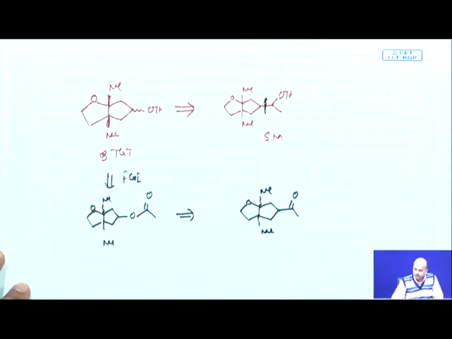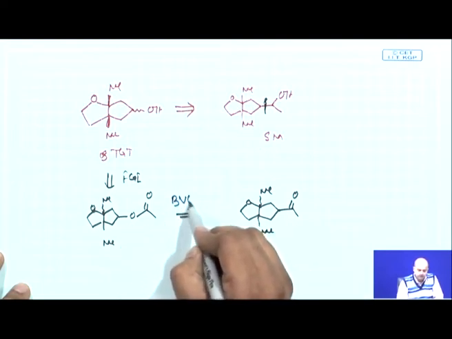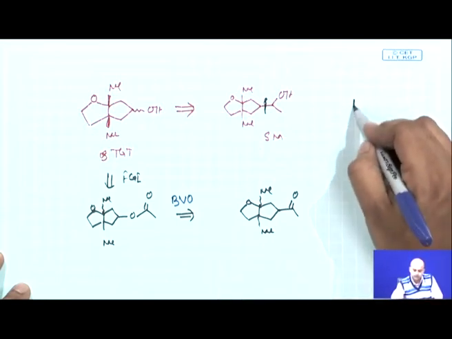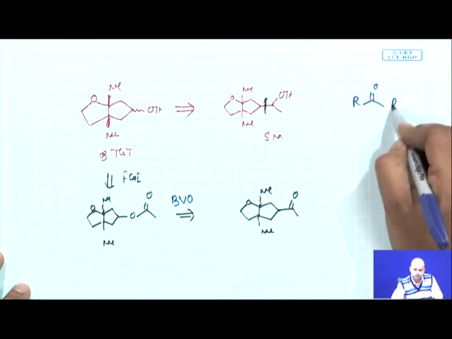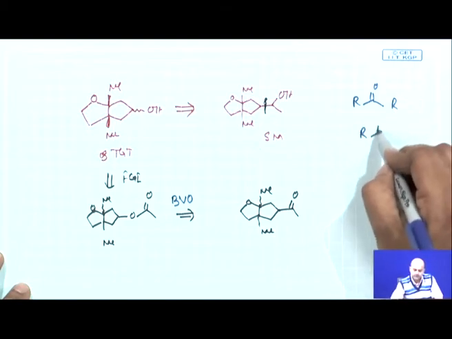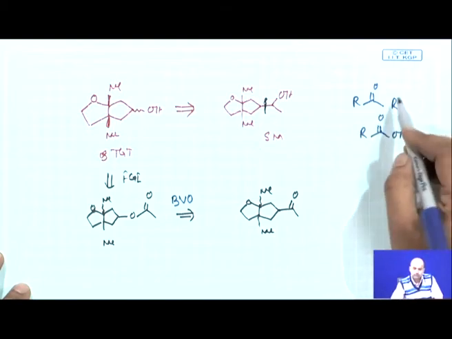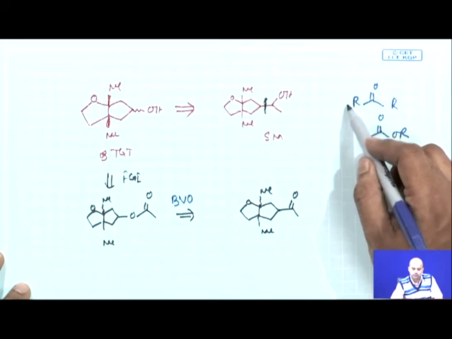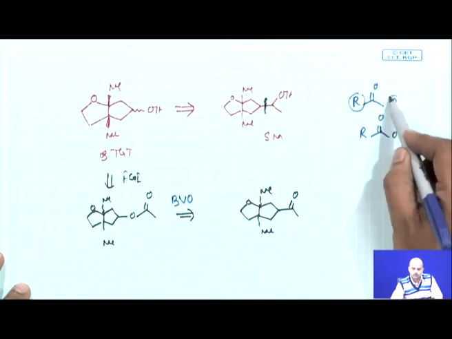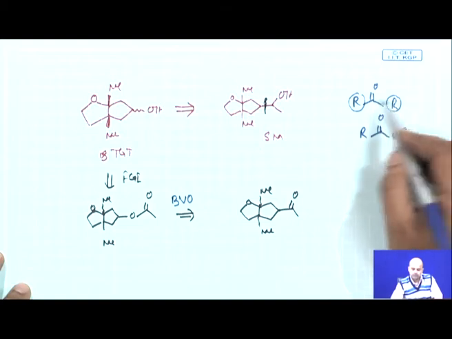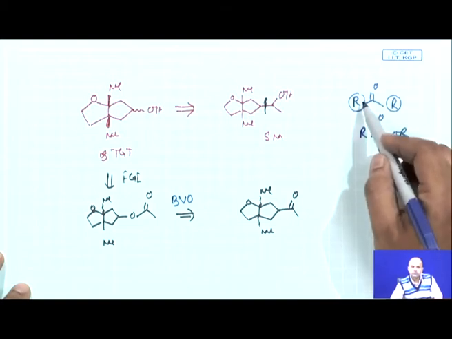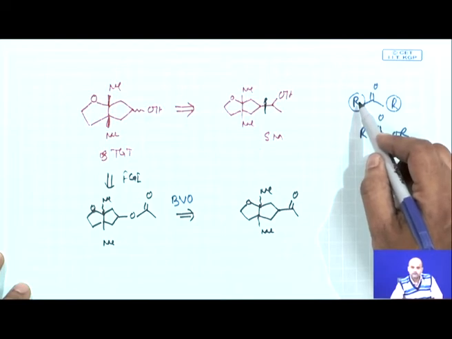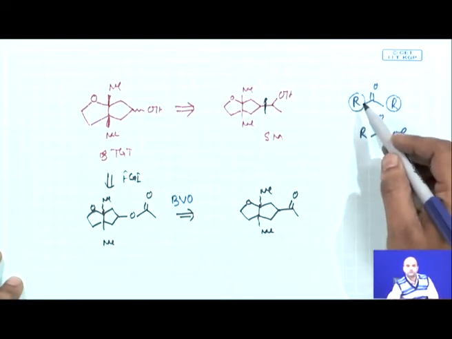Once I write this, that a ketone can be converted to an acetate, the transformation which will initially come to your mind is the Baeyer-Villiger oxidation. In Baeyer-Villiger oxidation, if you have a ketone, you can get the corresponding ester. If you have an unsymmetrical ketone, the group with the most tendency to migrate does so; the migrating tendency depends on its structure.